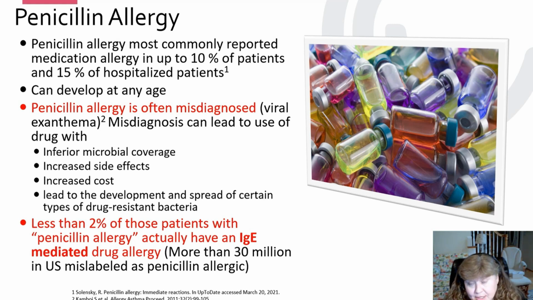Again, as I mentioned, it's usually a viral exanthem that's called a penicillin allergy because it happens concurrently. Misdiagnosis with a penicillin allergy can lead to inferior microbial coverage, increased side effects, increased cost, and ultimately lead to the development and spread of certain types of drug-resistant bacteria.